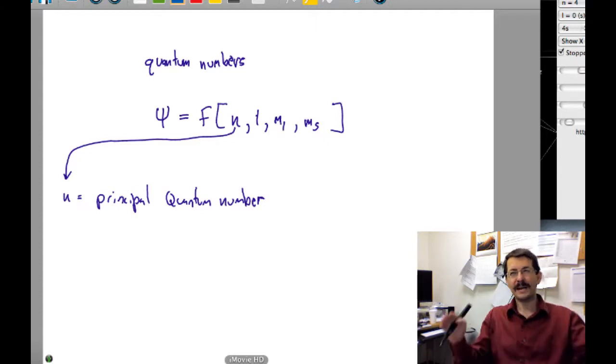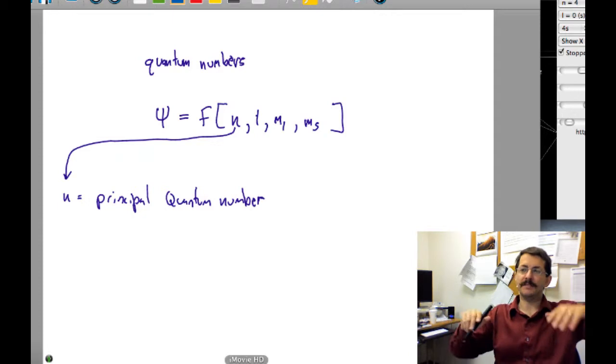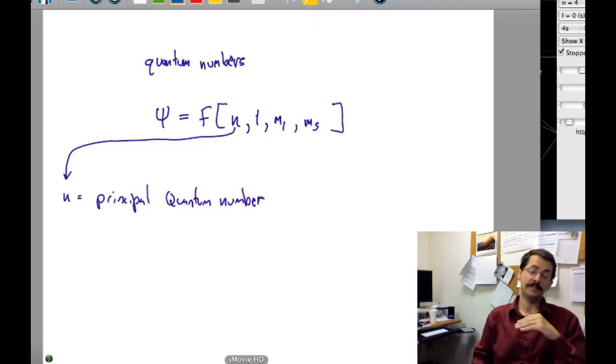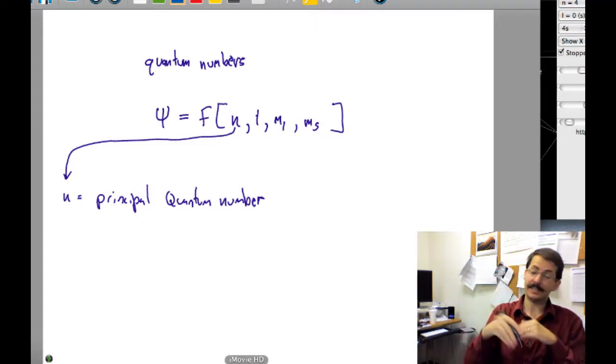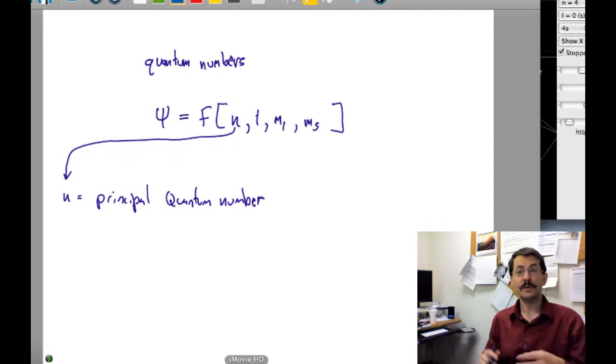It is the primary energy level. It's the average energy of the electron. It's related to things that are in the first shell versus things that are in the second shell. Things that are in the second shell, on average, have a higher energy than things in the first shell. That's what n tells us. Principal quantum number.